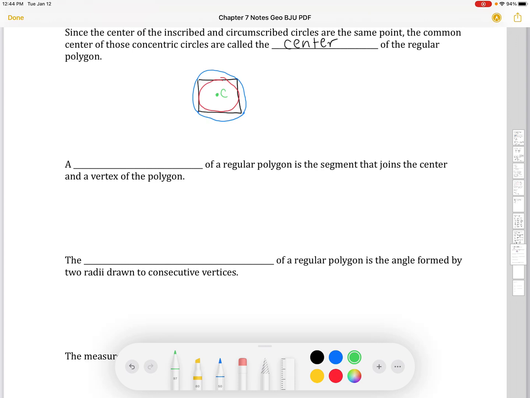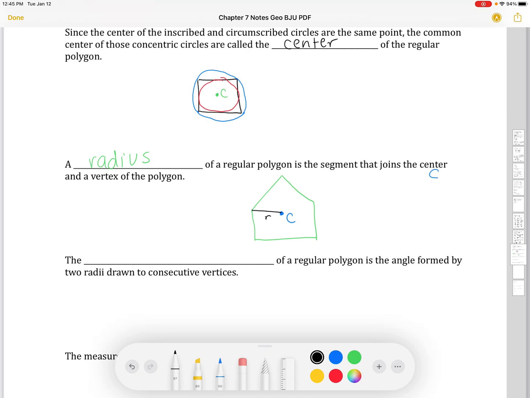A radius of a regular polygon is a segment that joins from the center and a vertex of the polygon. So if I have this figure drawn, and this is my center, say my center is C, the radius would go from the center to any of the vertices.